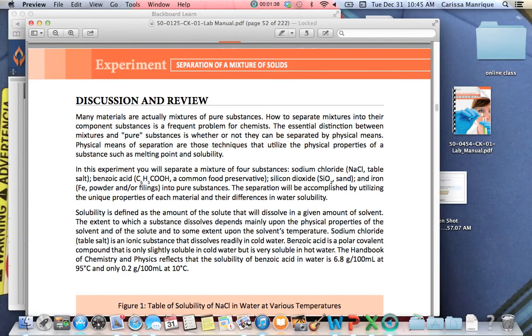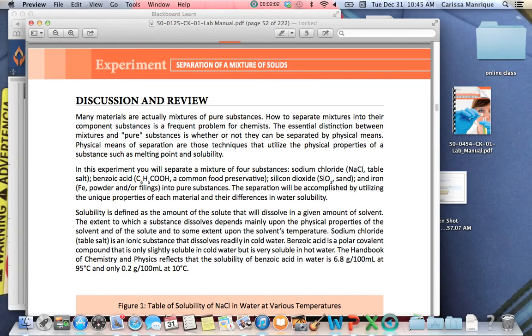But I can separate salt and water afterwards. I could set the water out for about a week or so, let it evaporate, and what's left over at the bottom? The salt. So it's a way of separating them. As long as you could separate the components, it's a mixture.